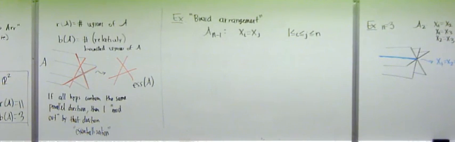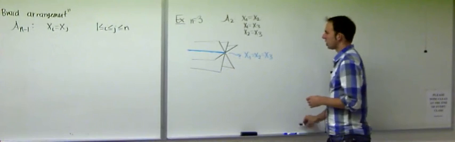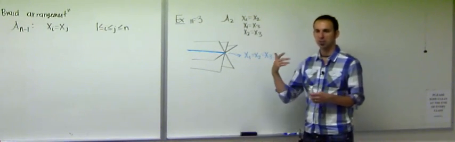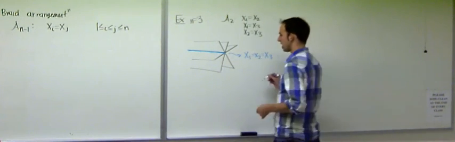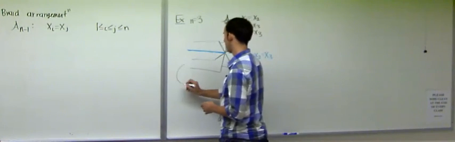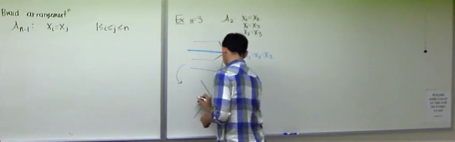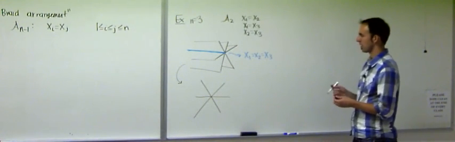Okay, so that's my example, but this is an example of an arrangement that is not essential, and I would like to essentialize it. And the way that I essentialize it is that I just kind of drop this extra dimension and just make it look like this. Okay. Just going to take a slice like this.